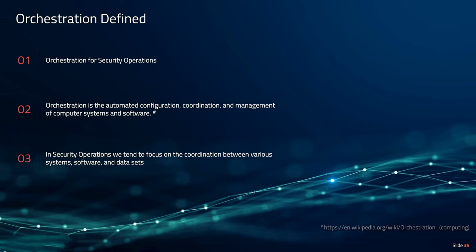In security operations, we tend to focus on the coordination between various systems, and the software, applications, and data sets running on those systems. So the use we most commonly employ for orchestration is to have different systems working in a coordinated fashion.